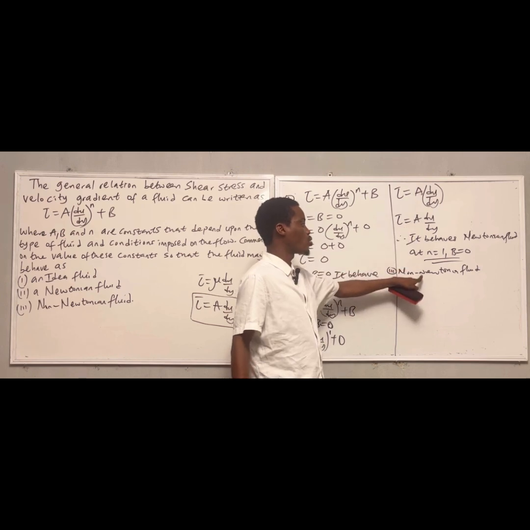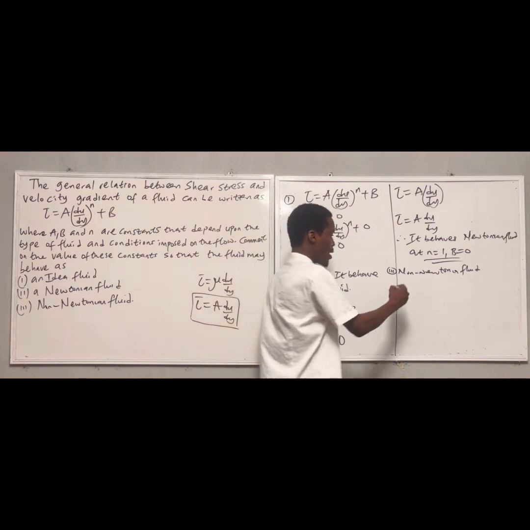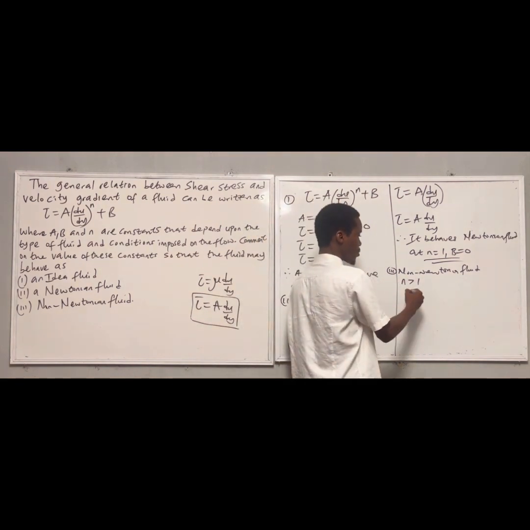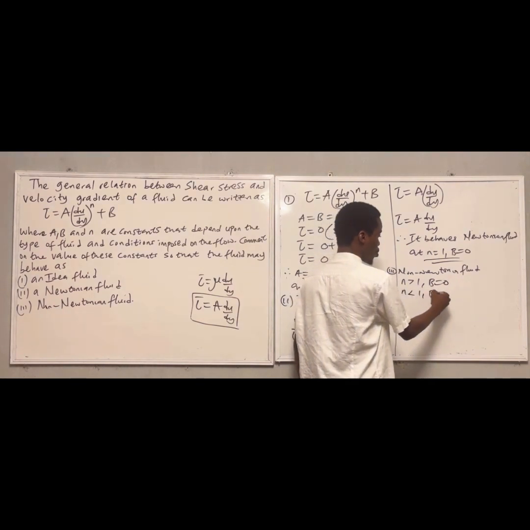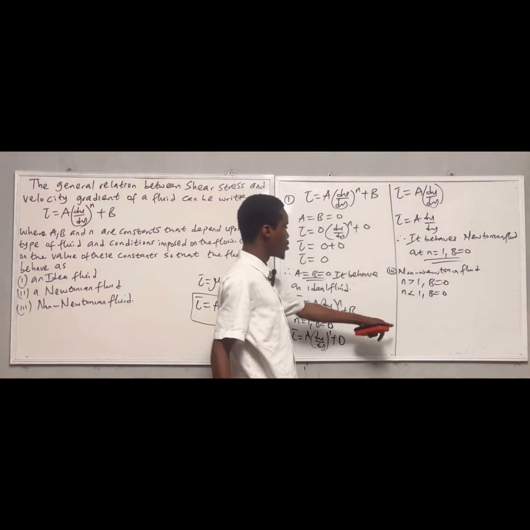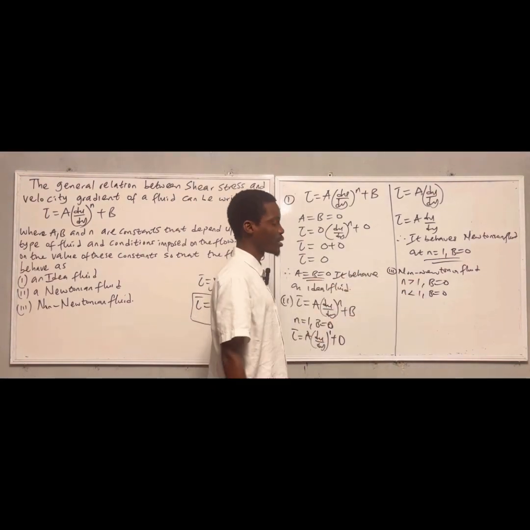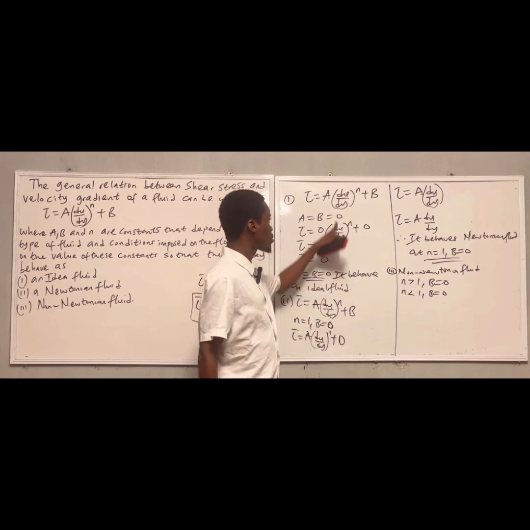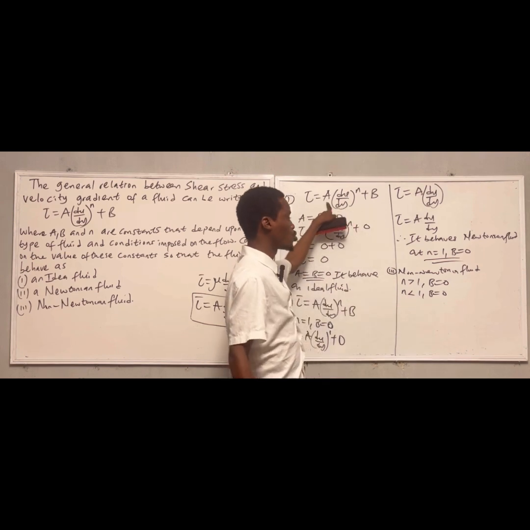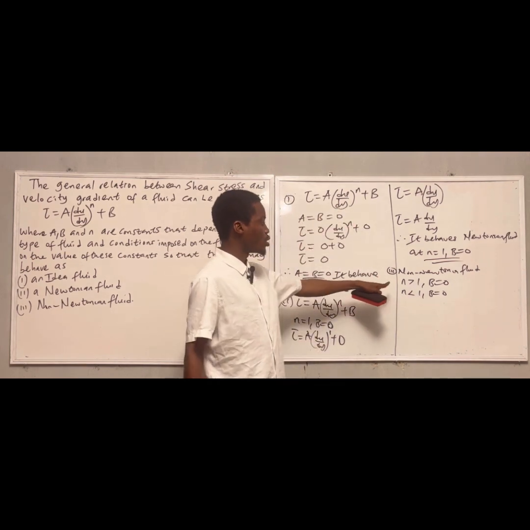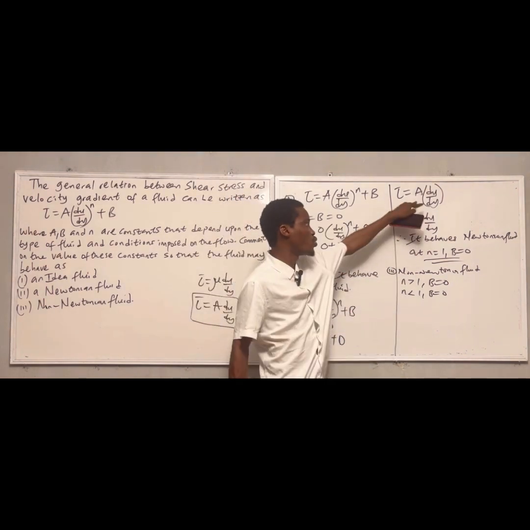According to what we are given, if n is greater than 1 and b is equal to 0, or n is less than 1 and b is equal to 0, then it will not satisfy Newton's law of viscosity, so it behaves as a non-Newtonian fluid.